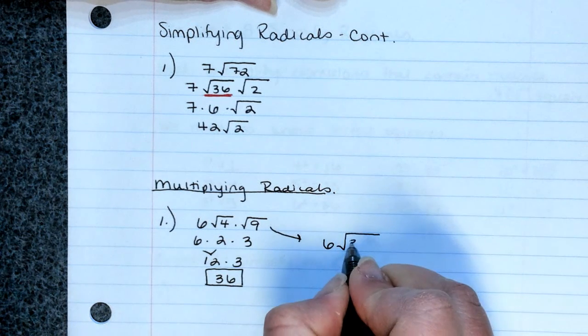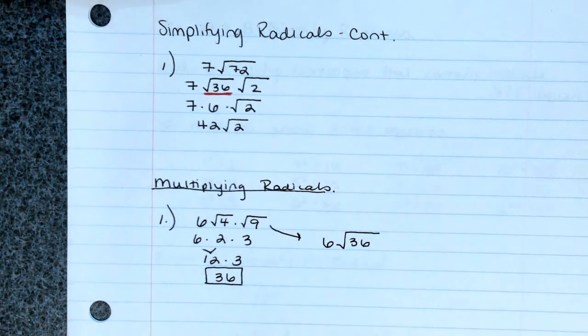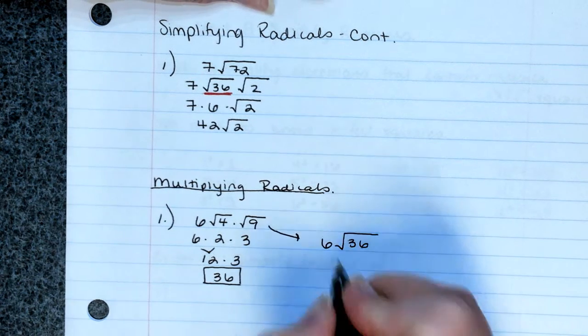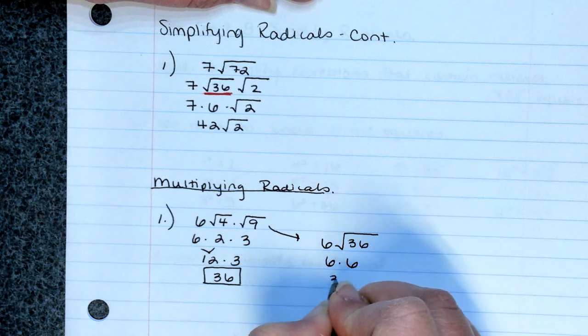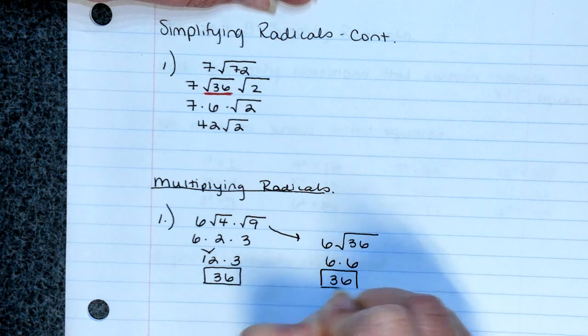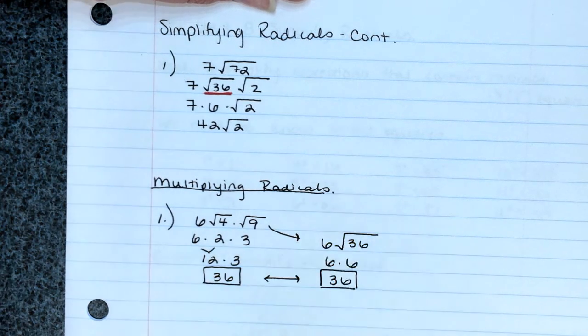So we would have had 6 square roots of 36. Okay, well what's the square root of 36? So we have 6 times 6, which is 36, and you'll notice that we get the same answer regardless how we went about it. So it doesn't matter. You have some choices.